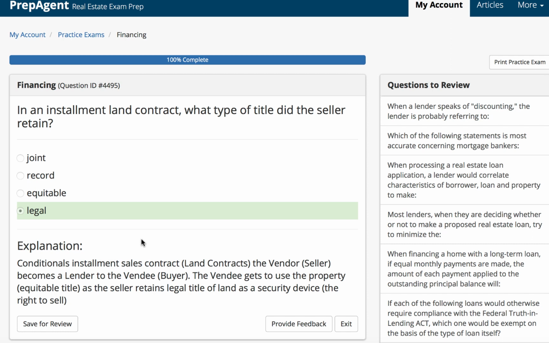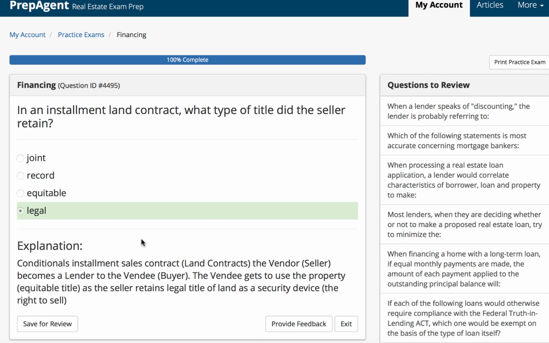Okay, what does legal title mean? It means I am the owner and I have the right to do what I wish with it. Not really. Equitable title is more what you would normally know as the owner. The right to use and possess, gain equity. Legal title is the right to sell.